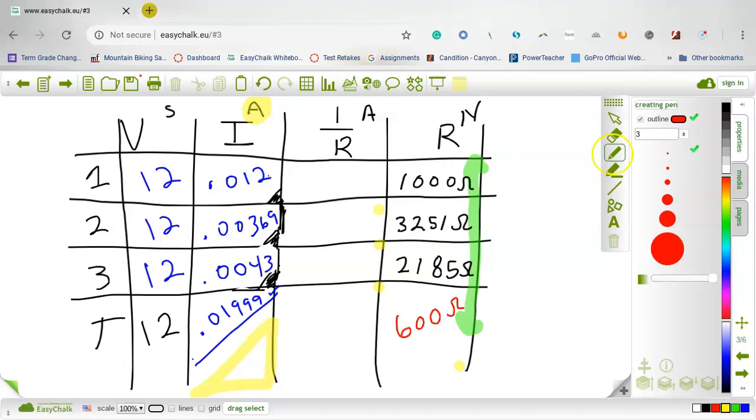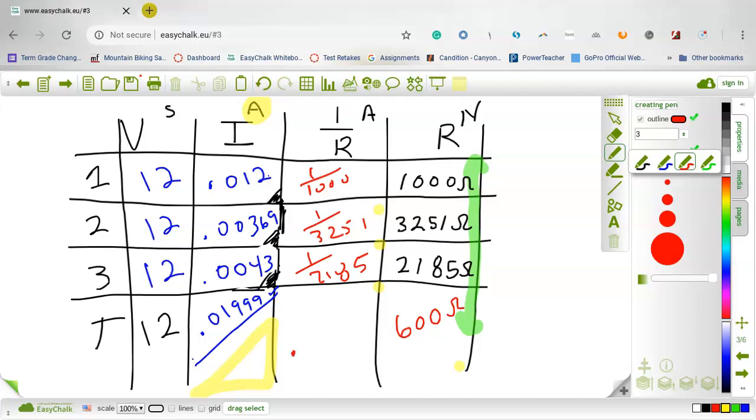And we said that this was just 1 over 1,000, 1 over 3251, 1 over 2785, right? That's what we got.